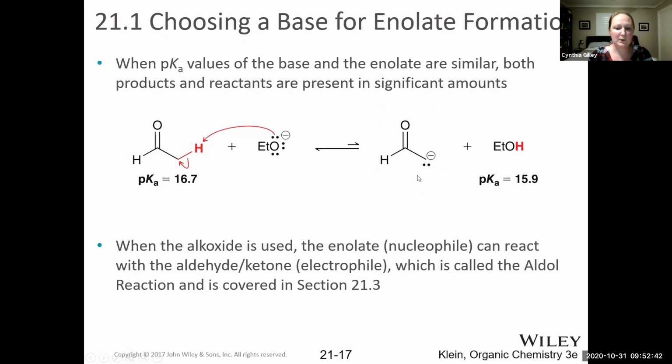And that's going to become important because later on in section 21.3, we're going to talk about a reaction called the aldol reaction. And that reaction involves the enolate attacking another molecule of aldehyde to form a product. So when doing the aldol reaction, one would choose a base such as sodium hydroxide or sodium ethoxide, because the goal is to only partially convert the aldehyde into enolate and have a significant amount of aldehyde remaining at equilibrium such that these two can react together to form a product.